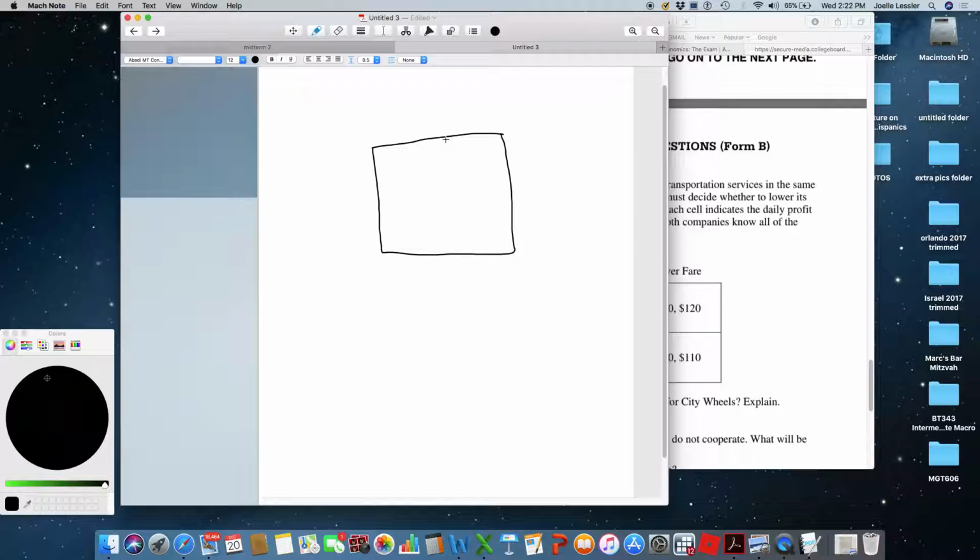here's the payoff matrix for the two prisoners, okay? So, we're going to call them Joe and Jack, okay? So confess, don't confess.